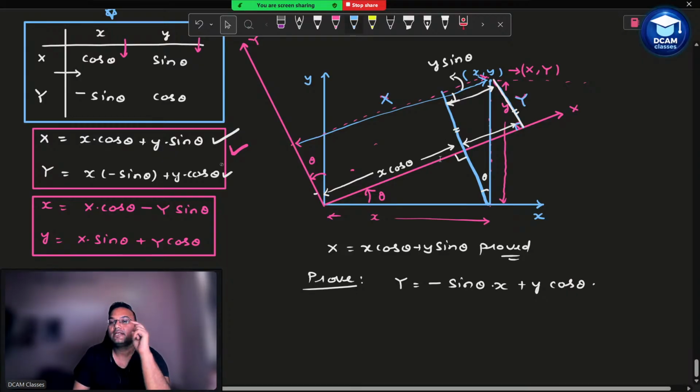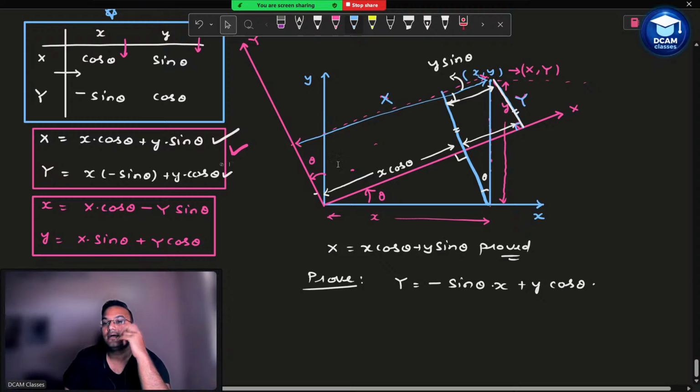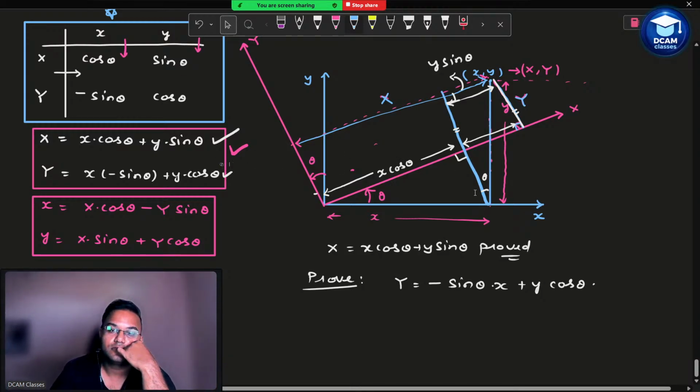Now, I have asked Lasya to actually prove it. Prove capital X is equal to x cos theta plus y sin theta. How have we proved it? It's pure geometry. Yes, sir. See, the first one, let's prove x cos theta plus y sin theta.